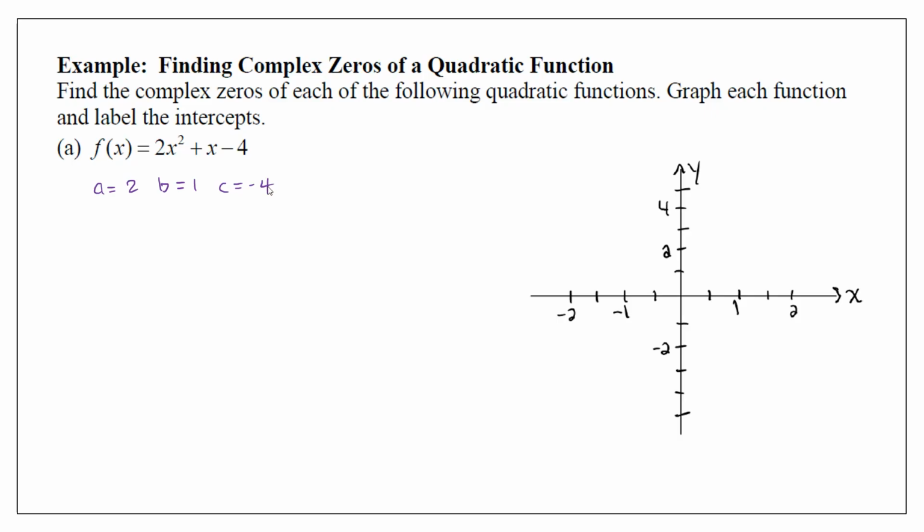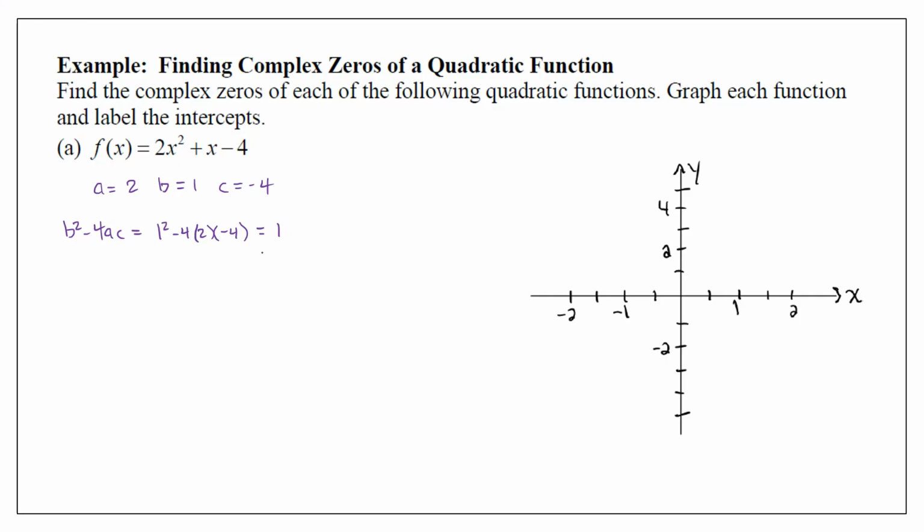So we're now entering this into our formula. Let's first find the value in the square root, the b squared minus 4ac. So b squared minus 4ac will equal 1 squared minus 4 times 2 times negative 4.